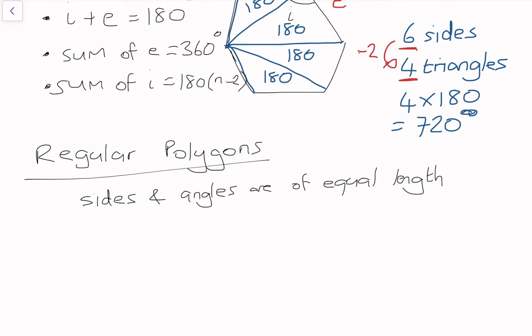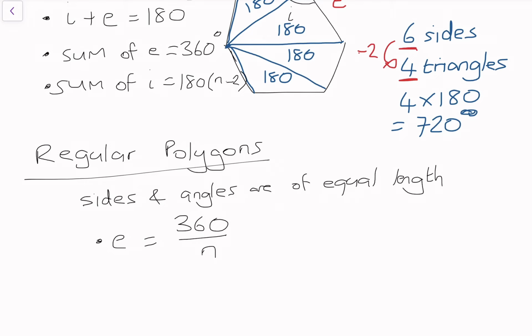Now in this case, if we know that the sum of the exterior angles is equal to 360, and we know in any regular polygon there's going to be n of those that are the same, then actually we can say the exterior angle is going to be 360 divided by n. So it's the total of the exterior angles divided by the number of sides.